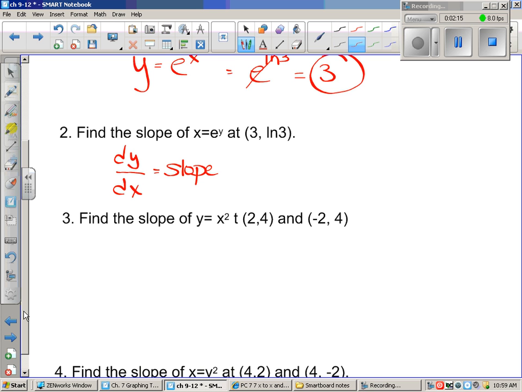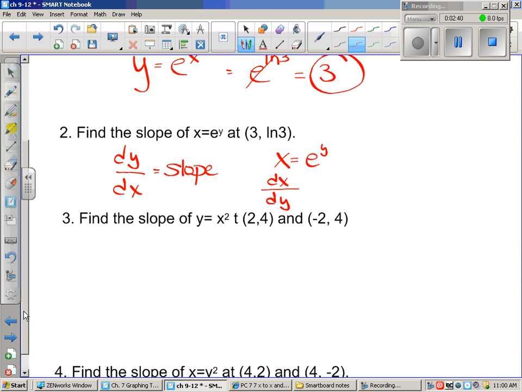What you may not realize is if I do the derivative of x equals e to the y, you're doing the derivative of x with respect to y. This is some notation that you need to be aware of, and the way that it's written is dx over dy.